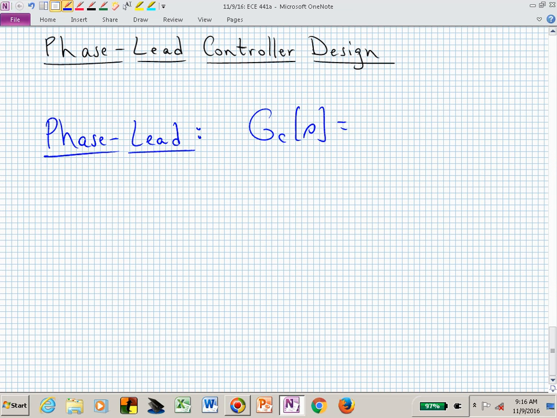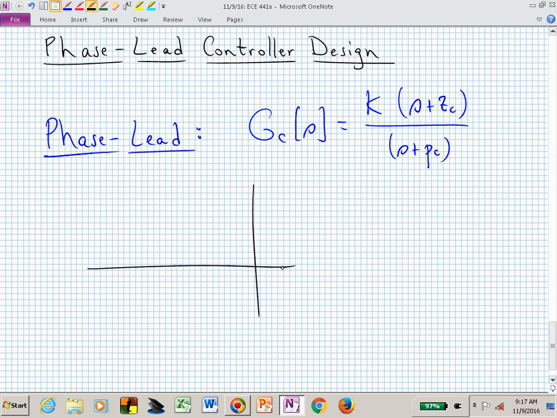But a phase lead controller, and here if you wanted maybe 20% of your answer, you could just write down the following. You could say, a phase lead controller is that. But really what you also need to realize is the relative location or distances of those zeros and poles.